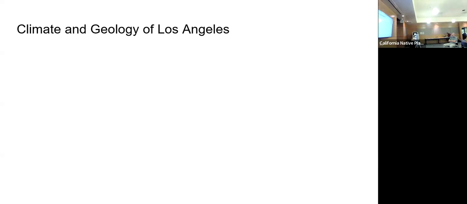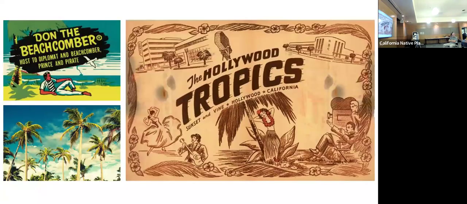Mediterranean. But you know, Los Angeles has long been sold on the notion of having a tropical climate. We've had tiki bars, right? Tiki culture. Of course, palm trees. We all love palm trees, right? Which were planted here in the 1930s, right?